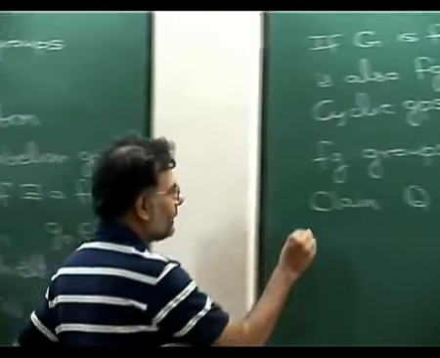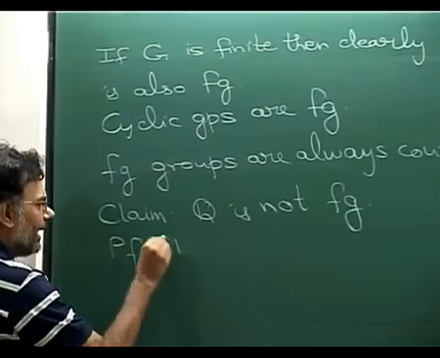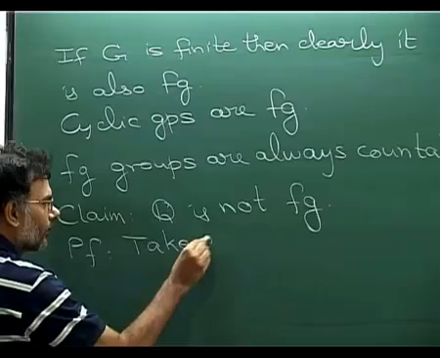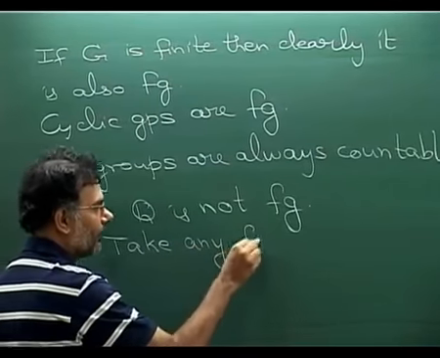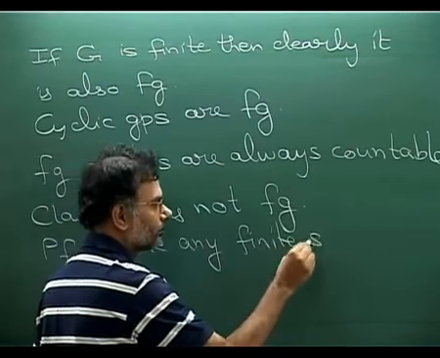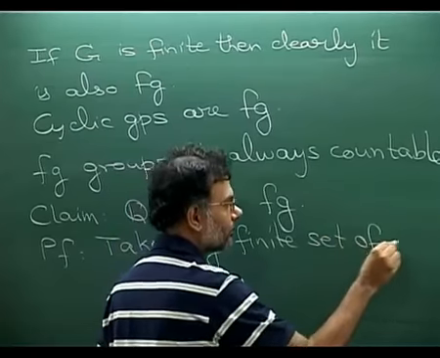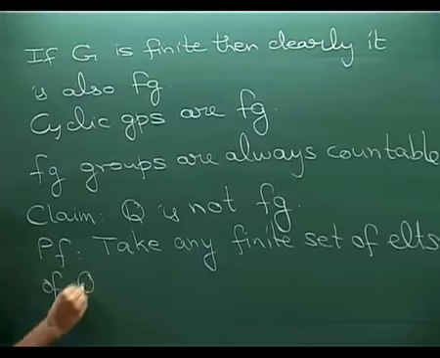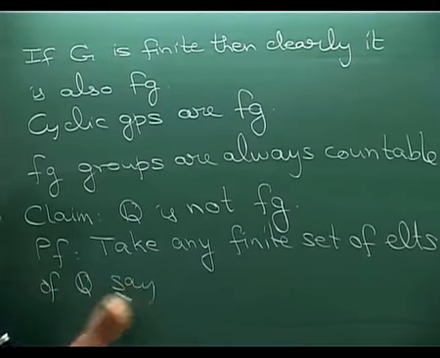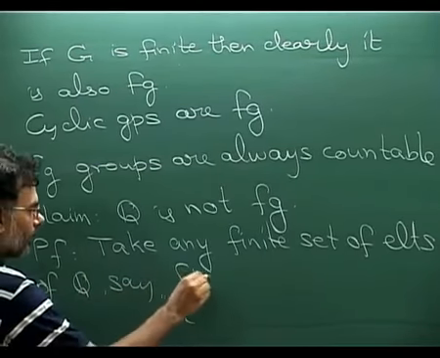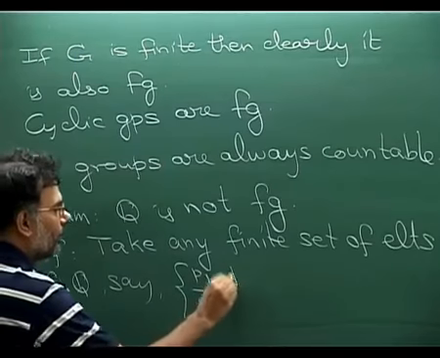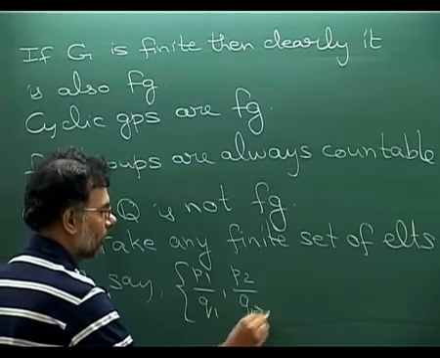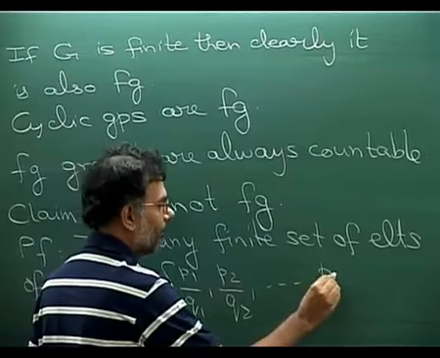So to prove this, take any finite set of elements of Q, and say that set is P1 by Q1, P2 by Q2, up to Pk by Qk.